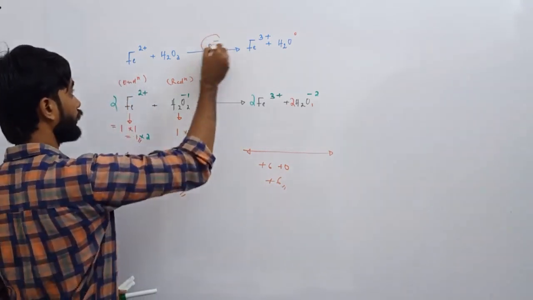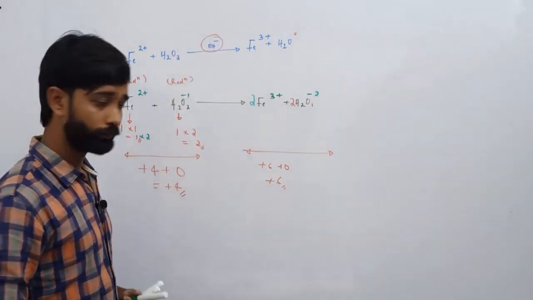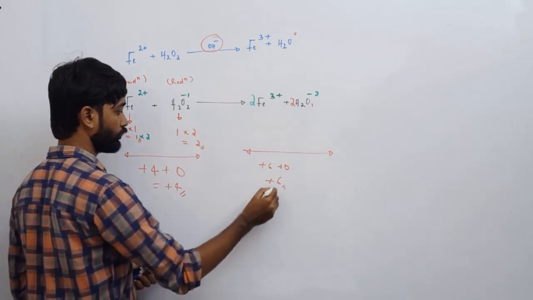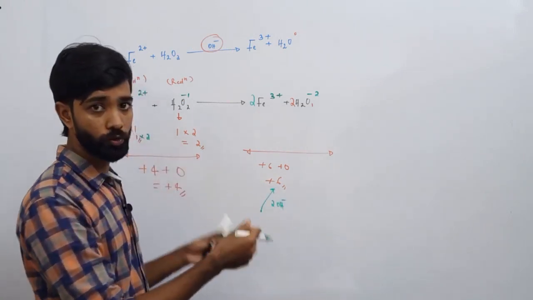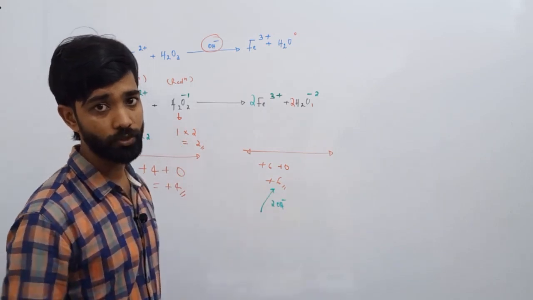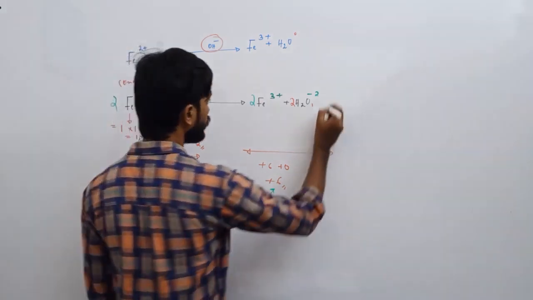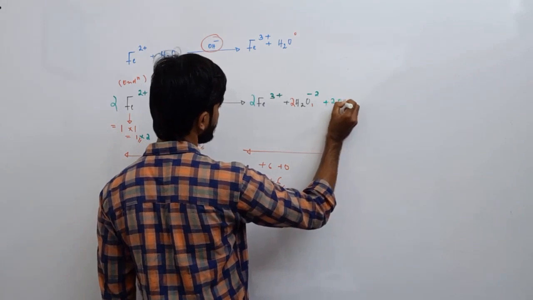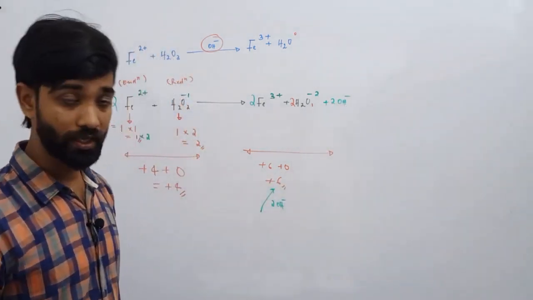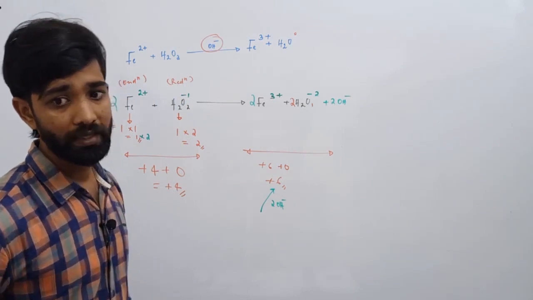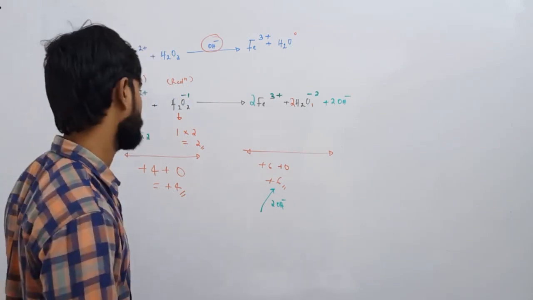Your medium is basic, so you simply add 2 OH minus here. If 2 negative charges are added to +6, it becomes +4. So here 2 OH minus, and the charge is balanced.